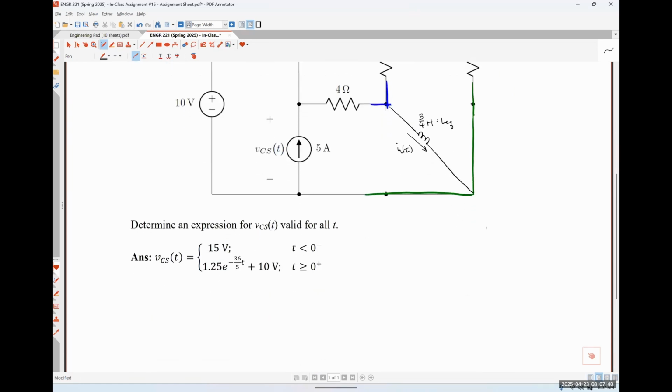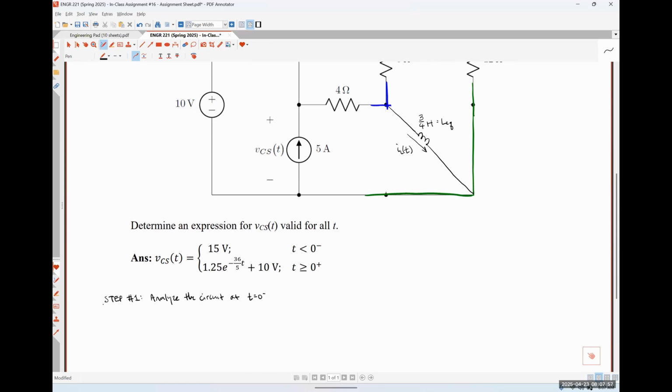For step number 1, we need to analyze the circuit at time t equals 0 minus.